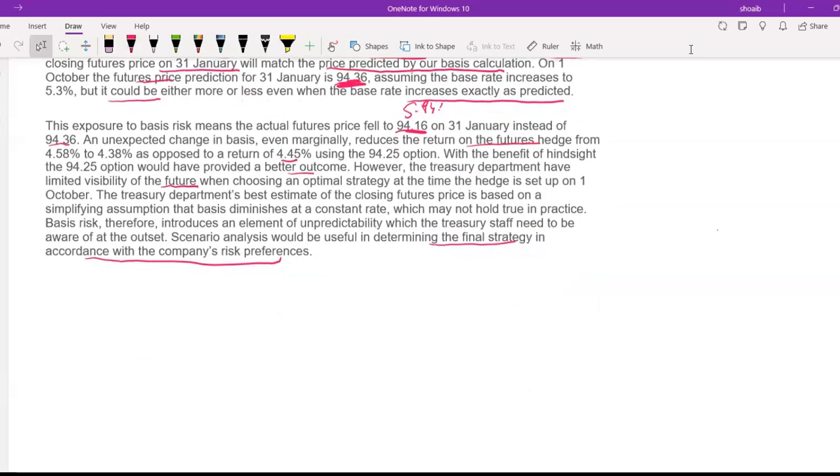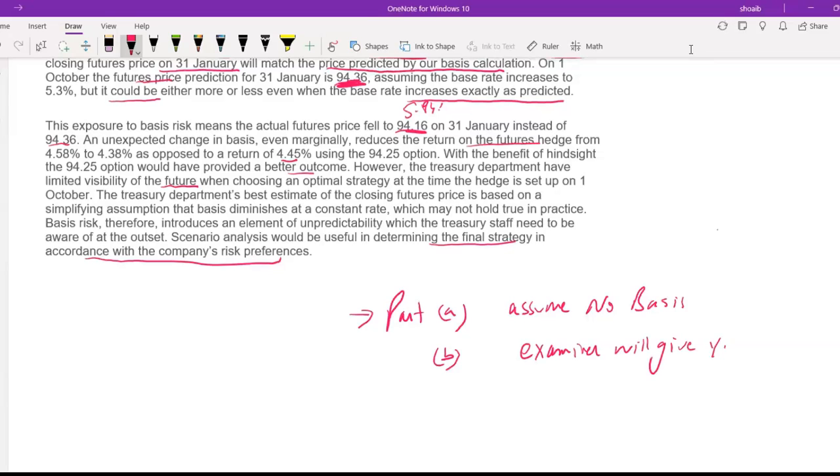So let me summarize it. In exam, there can be a part A where you will assume no basis. Then part B, where the examiner will give you closing future.